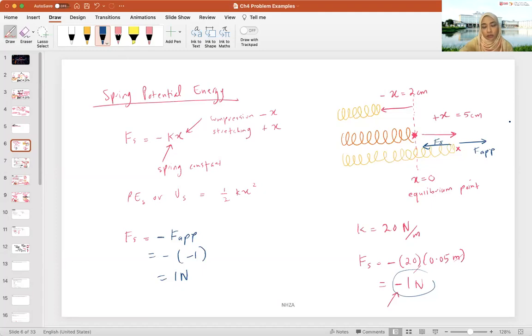KE is a scalar quantity with joules, UG is a scalar quantity with joules, US is a scalar quantity with joules, delta KE, delta UG, all of them are scalar. WNC is a scalar quantity. It's a work done. Work is a scalar quantity. The only thing that's not a scalar quantity is the forces that we're talking about. Non-conservative and conservative forces are both vectors. So those are the only vectors in this chapter 4 story.